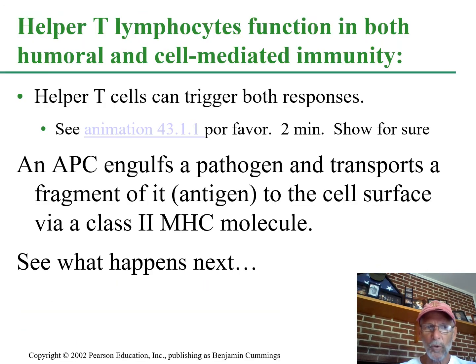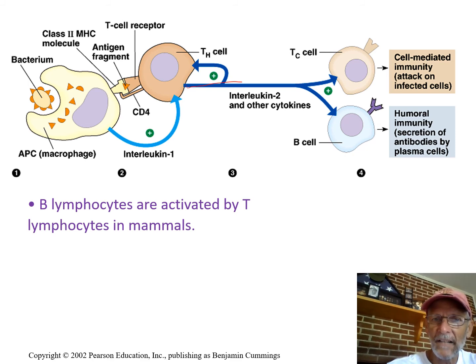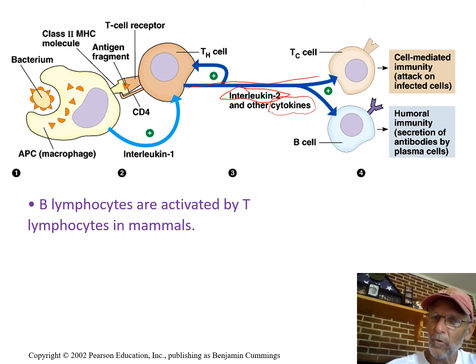So the helper T's are very key again, in that when the helper T's get activated, they send out these chemicals called interleukins. They're a specific type of cytokine, that word we said already. They are signal molecules.